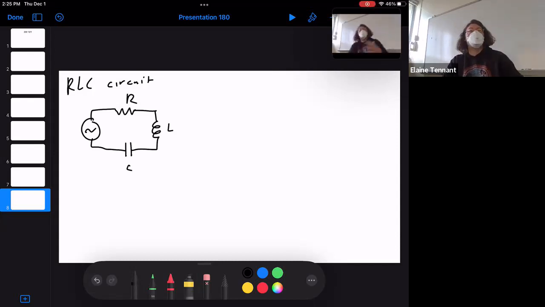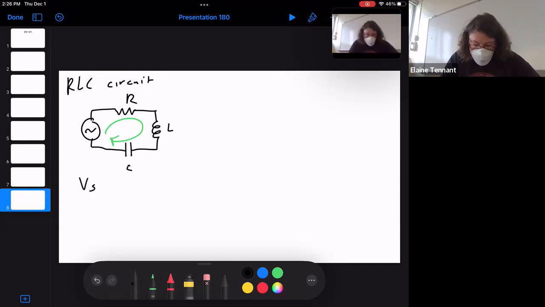So one thing we're going to say that they all have in common is the current. The current has to be doing the same thing at the same time for all of these pieces. However, if we look at the voltages, the voltage of the source has to equal the voltage of the resistor plus the voltage of the inductor plus the voltage of the capacitor.